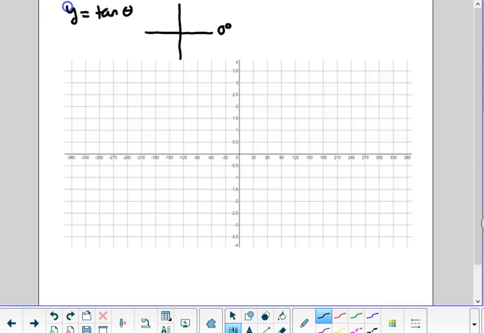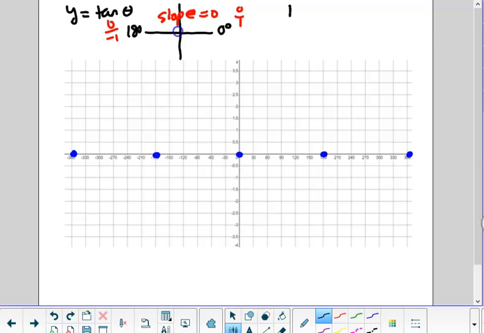We know at 0 and at 180, the slope equals 0, because we're going to have 0 over 1, 0 over negative 1. So any of those angles where we're at 0, 180, 360, negative 180, negative 360, tangent is going to equal 0. Let's put all those in. These are all the places where tangent equals 0 or slope equals 0.